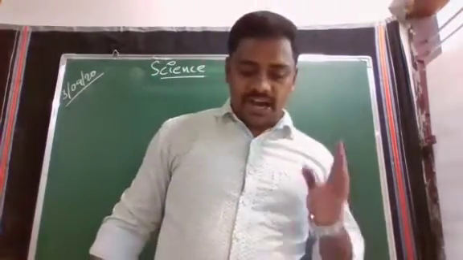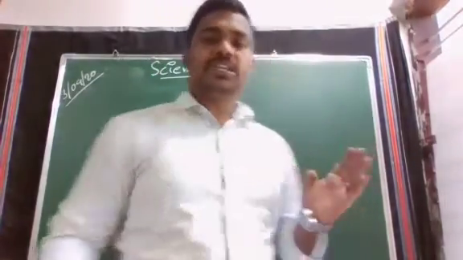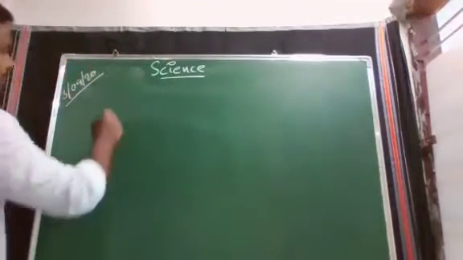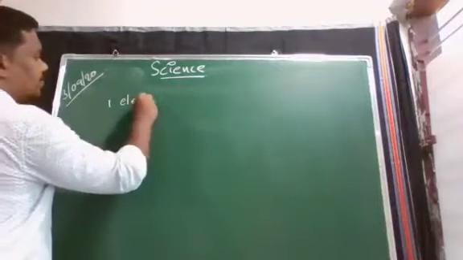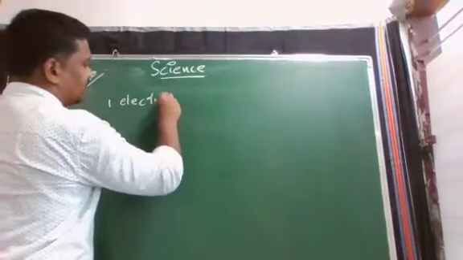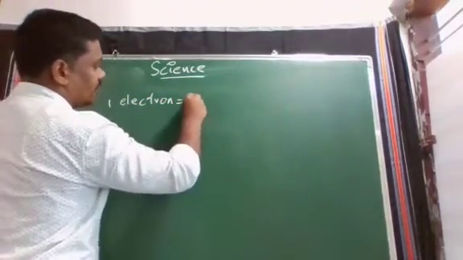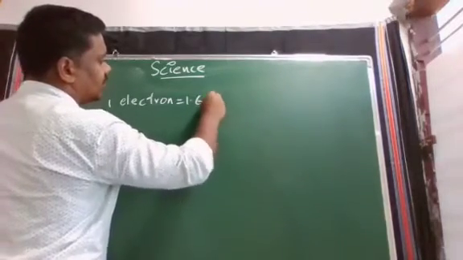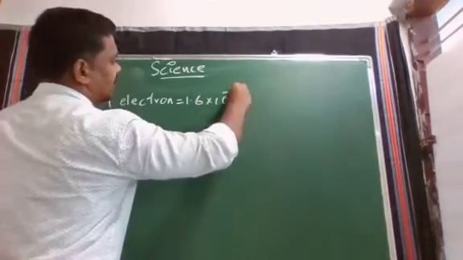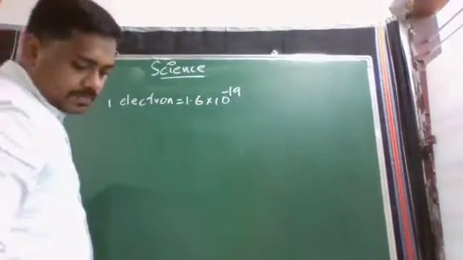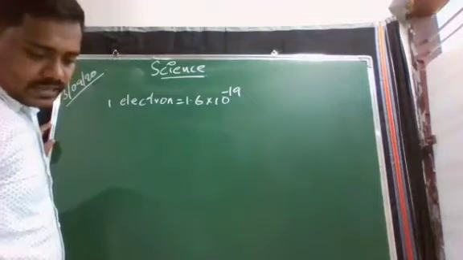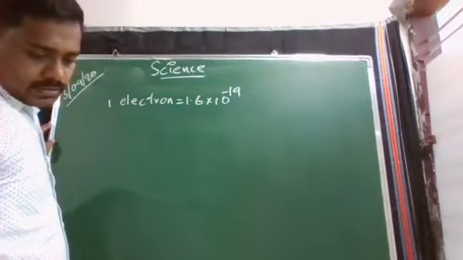One electron possesses a charge of 1.6 into 10 raised to minus 19 coulomb.